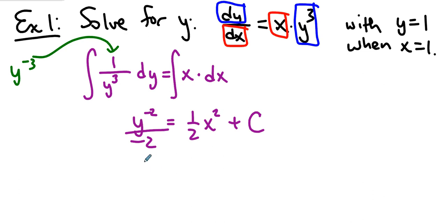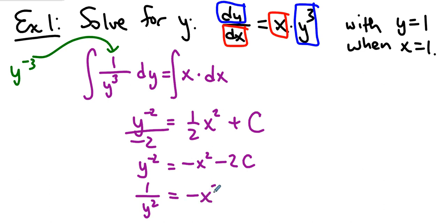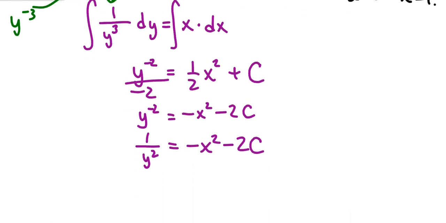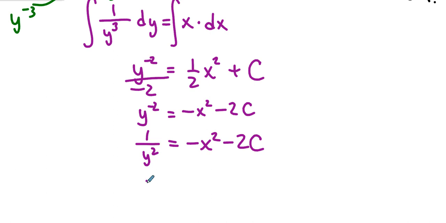I'm trying to get y by itself, so we can do that if we just multiply by negative 2. And then we think about what this means. This is y to the minus 2. That's 1 over y squared. So we want y. Well, that means we have to take a reciprocal, right? Reciprocals on both sides.